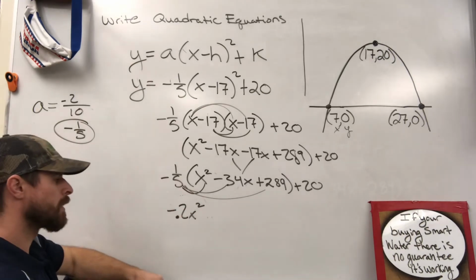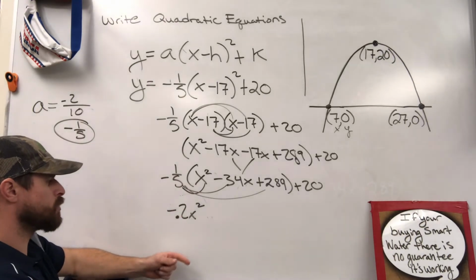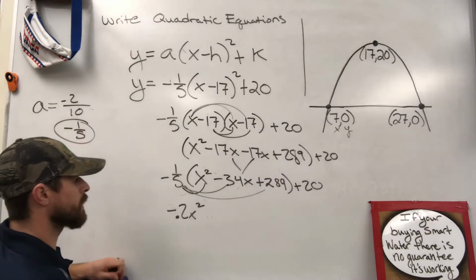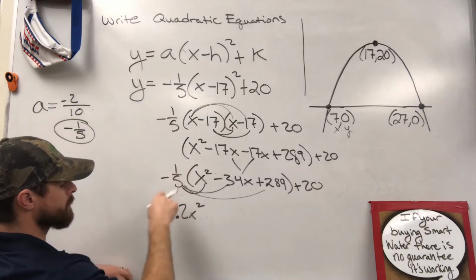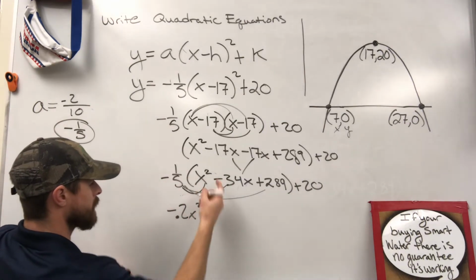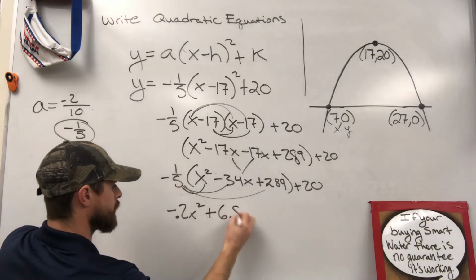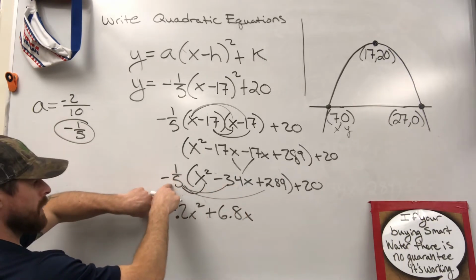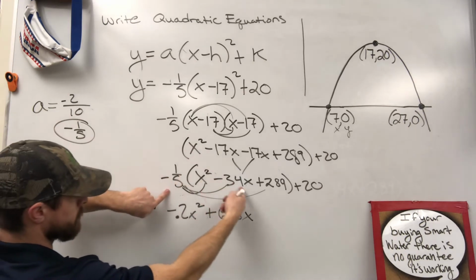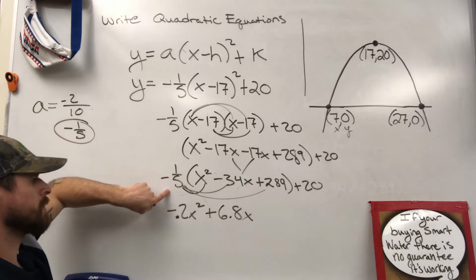There we go. All right, so negative 0.2x squared, or negative 2/10 x squared. Negative 1/5 times negative 34x. 34 divided by 5, a negative and negative make a positive. This comes out to 6.8. You may just want to type this into a calculator. Negative 1 divided by 5, enter, times negative 34. This is what you're gonna end up getting.